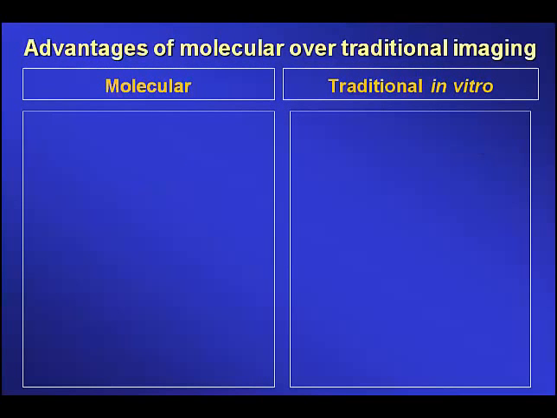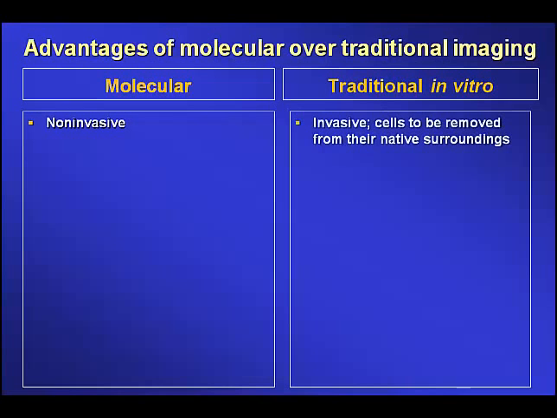Now, molecular imaging has many advantages over the traditional in vitro imaging. We can say that molecular imaging is non-invasive, while the traditional in vitro is invasive. We can take cells during the process of imaging or during the process of in vitro study. Molecular imaging can also give us a dynamic process.